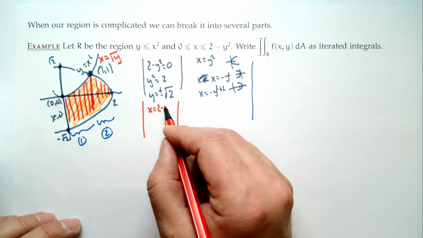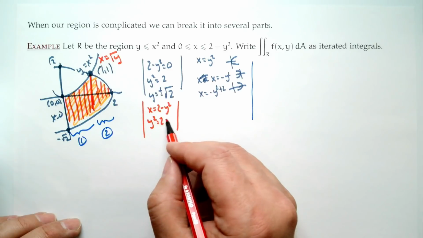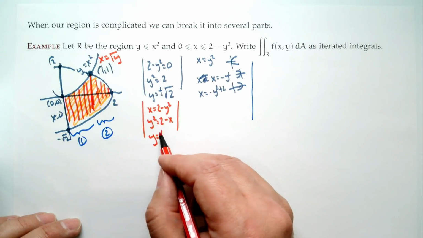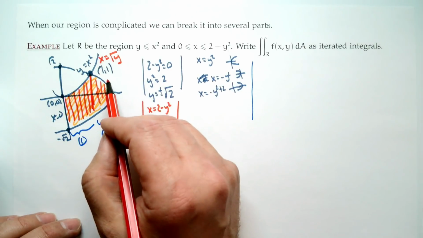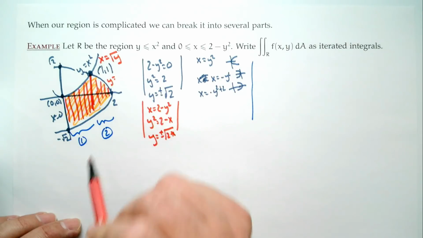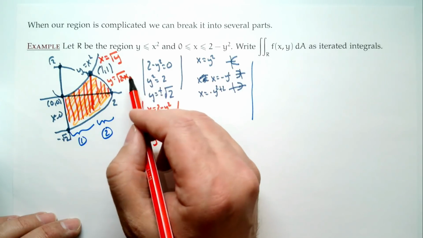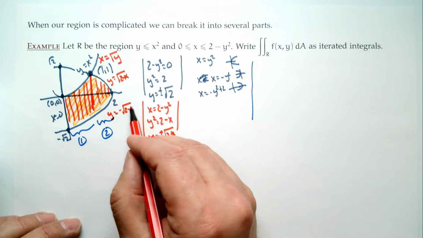What if I wanted to solve for y? Y squared would be 2 minus x, so y is plus or minus the square root of 2 minus x. The plus is the top half, so y equals plus square root of 2 minus x. The minus is the bottom half.